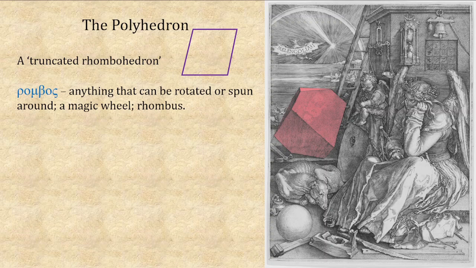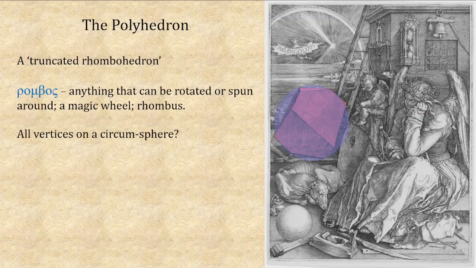The idea of this shape spinning would seem to fit with the commonly touted theory that the truncation of the shape, the cutting of 2 corners, allows all its vertices, or corners, to fit on the surface of a circumsphere. However, this doesn't really begin to work in 2 dimensions. So I'm a little sceptical that it is possible in 3.